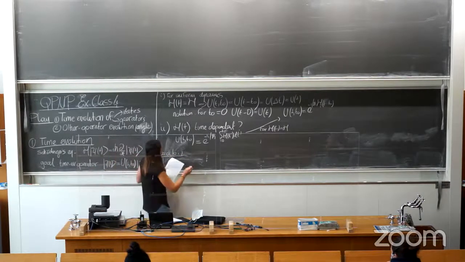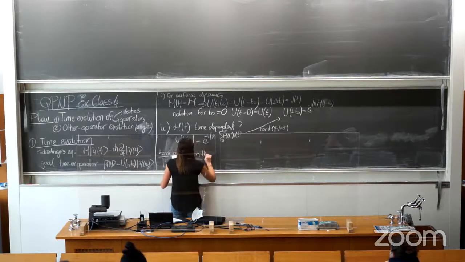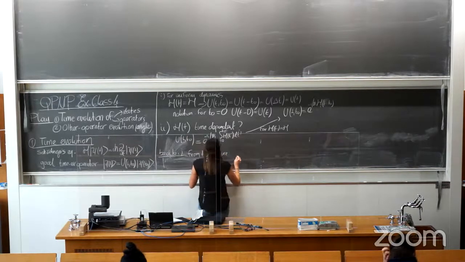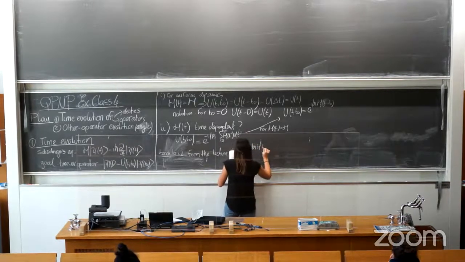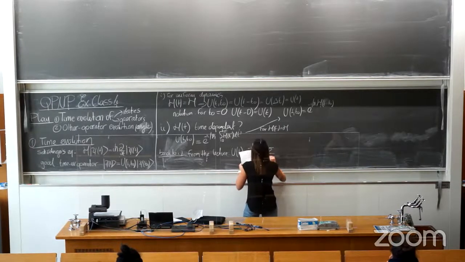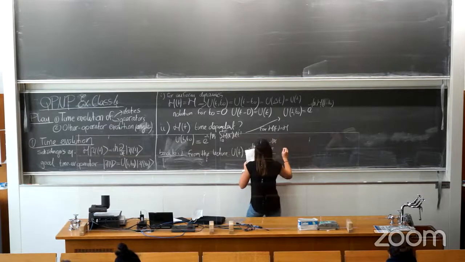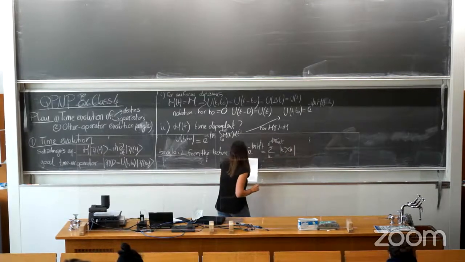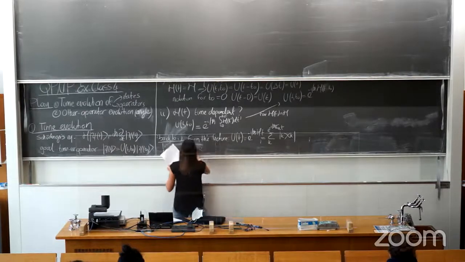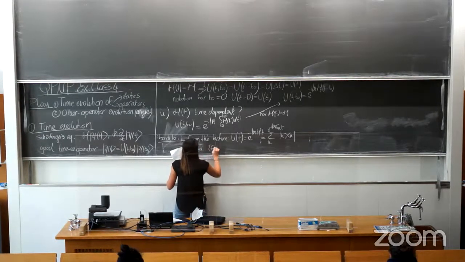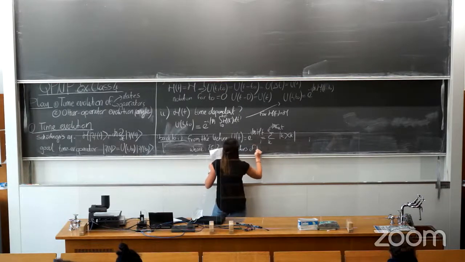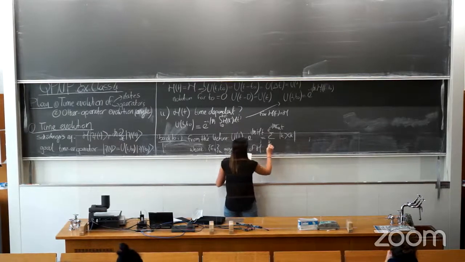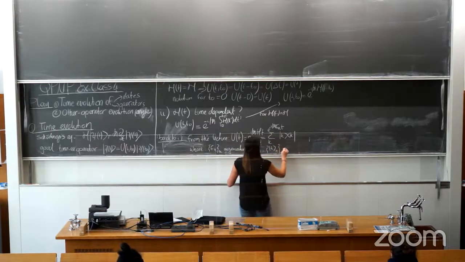We have from the lecture u of t is equal to e to the minus i h divided by h bar times t, and this is equal to the sum over k of e to the minus i a_k t over h bar, times the projector |k><k|, where a_k are the eigenvalues of H, and |k> are the eigenstates.